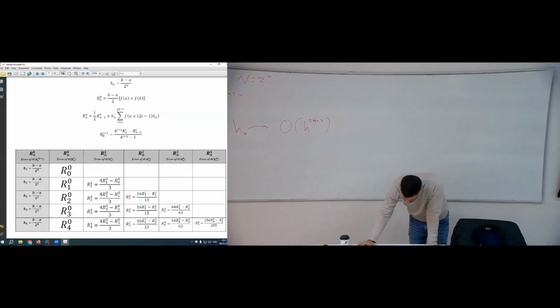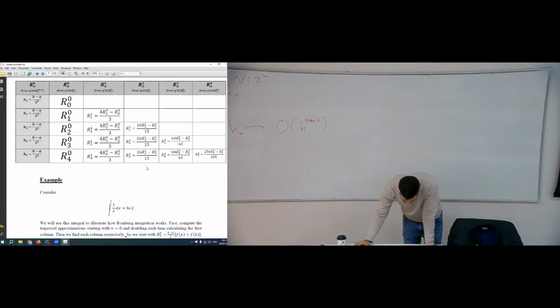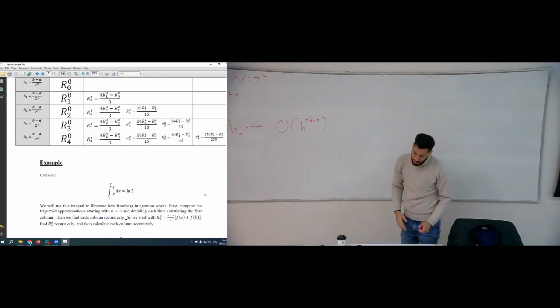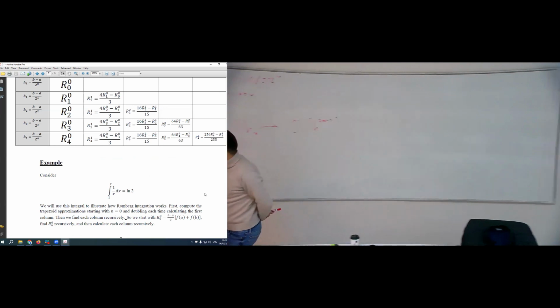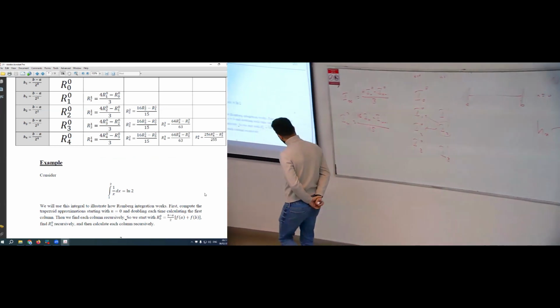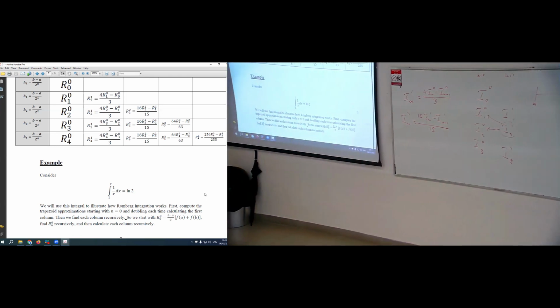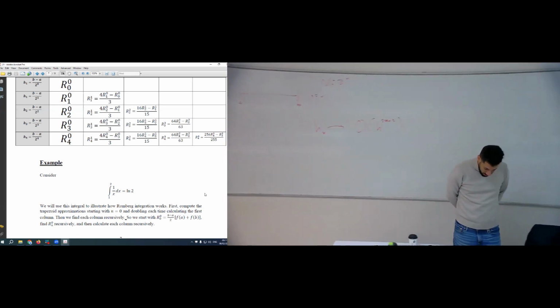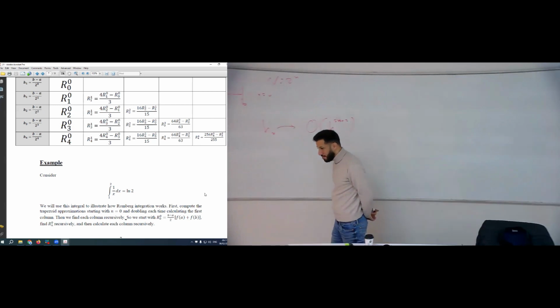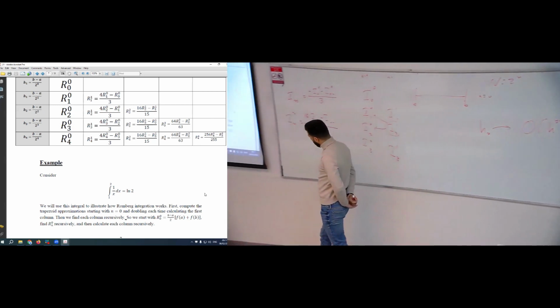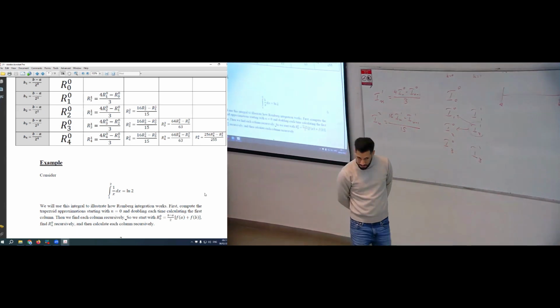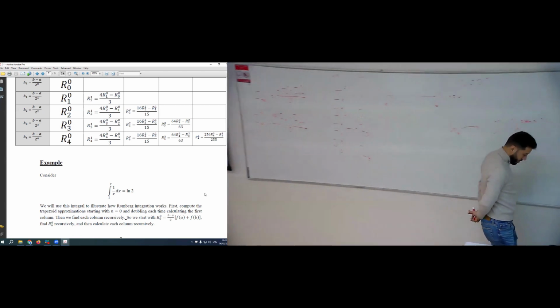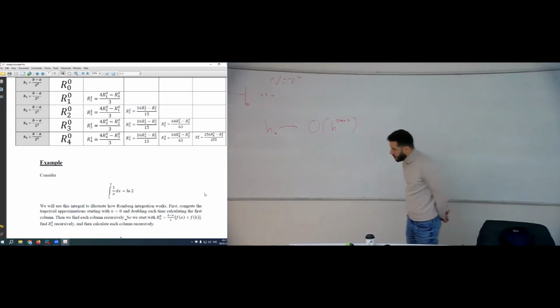So let's see how we can find the integral of this. So now we want to calculate the natural logarithm of 2. So again, when you saw irrational numbers before, how did we calculate them? So for example, we can talk about ln of 1 plus x and expand the Taylor series.